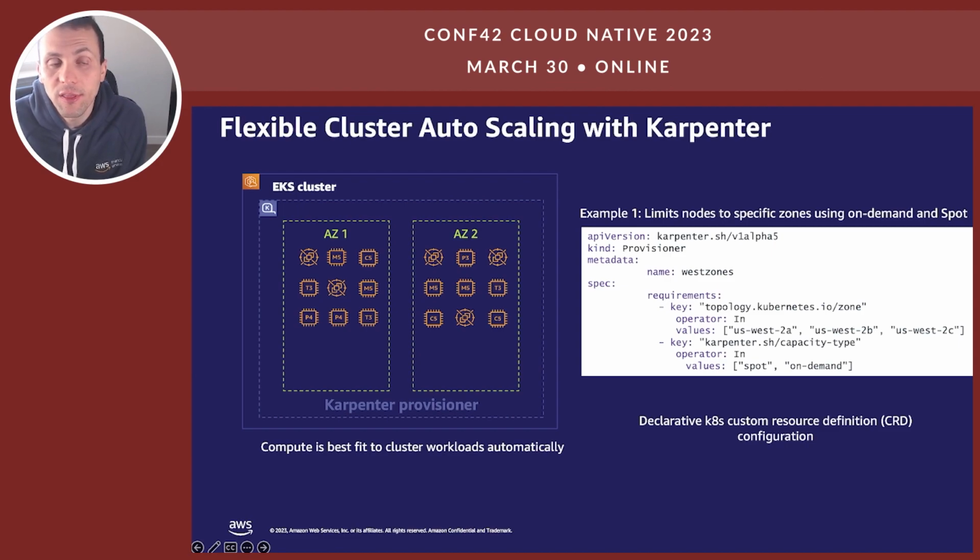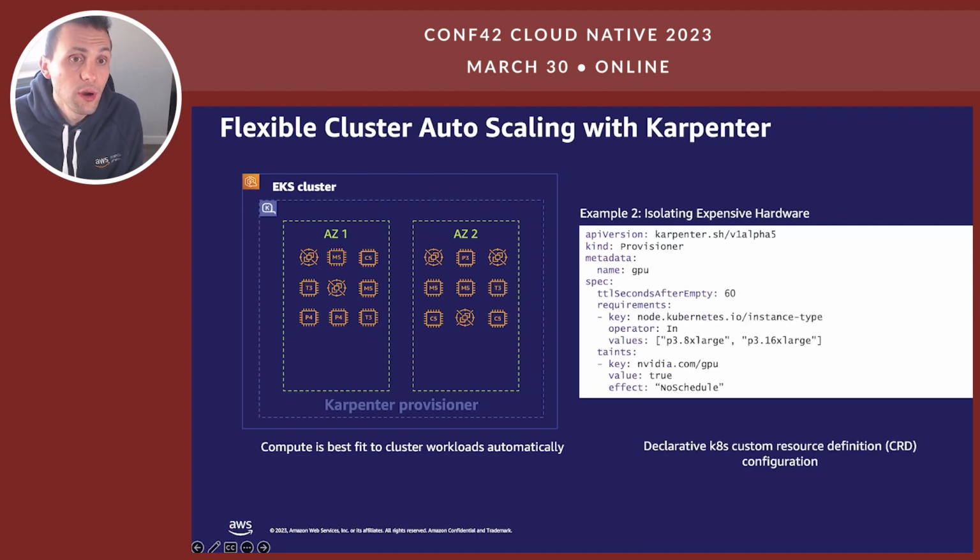You can create different provisioners. In this case, it's not the default provisioner. It's called West Zones. And you can say, well, West Zones can only deploy within these 3 availability zones in the US West 2 region, and you can do either spot and on-demand. So this is a very simple provisioner. You just pick whatever instance type is the most performant and available at the time. It's very likely it's going to be a spot instance if it's available for you.